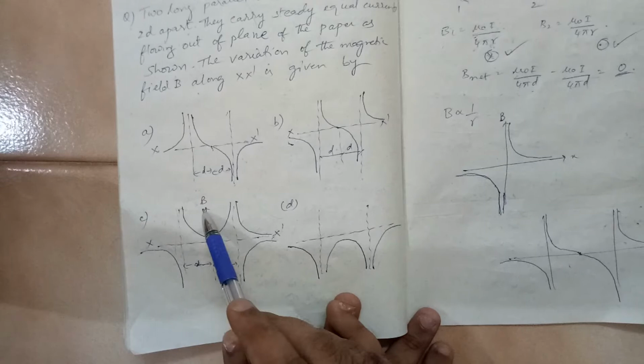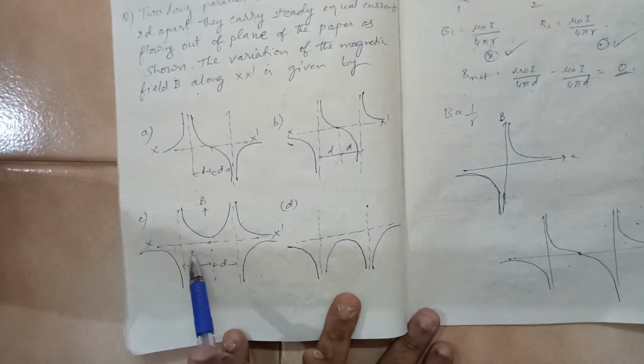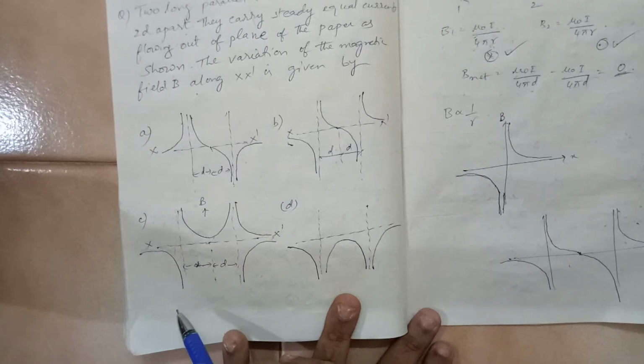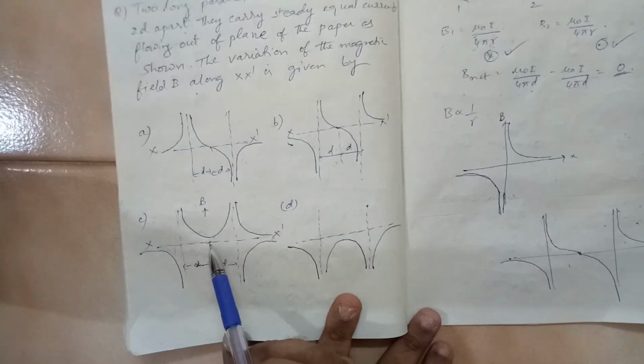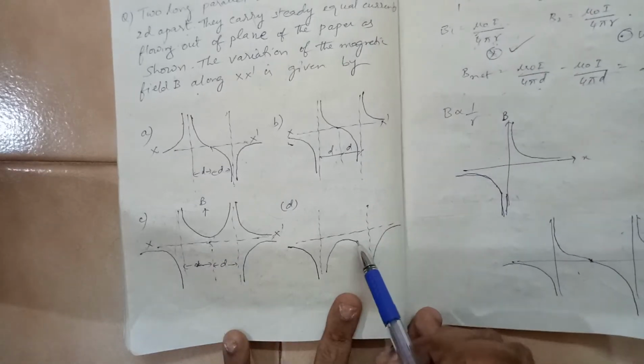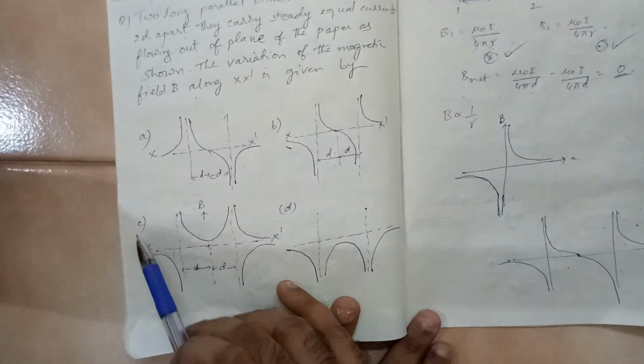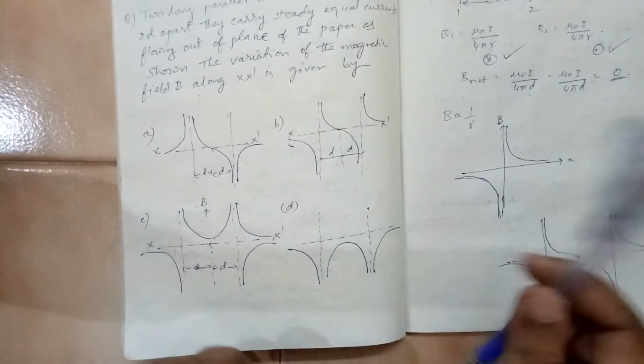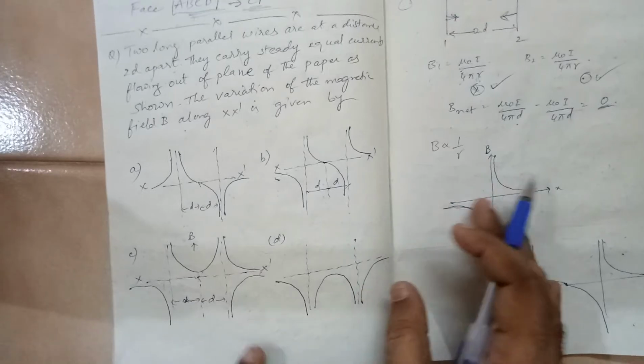The y-axis is showing B and the x-axis is showing the location where you are finding the magnetic field. So at the midpoint the value should be 0, but here it is not 0 and here it is not 0. So options C and D are ruled out. So it is between option A and option B.